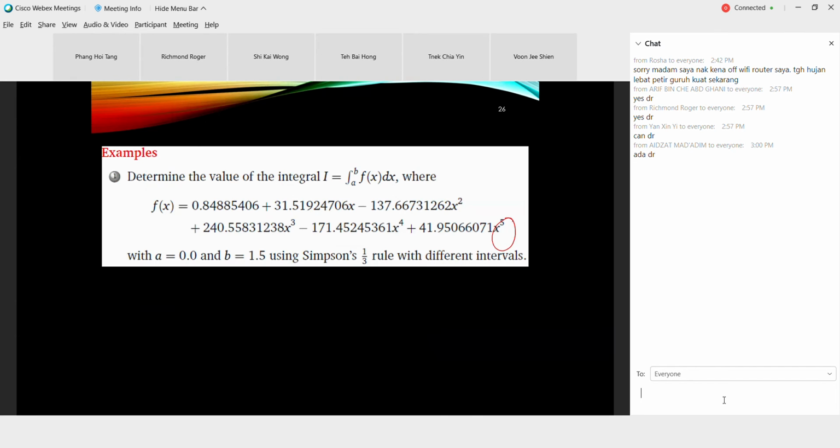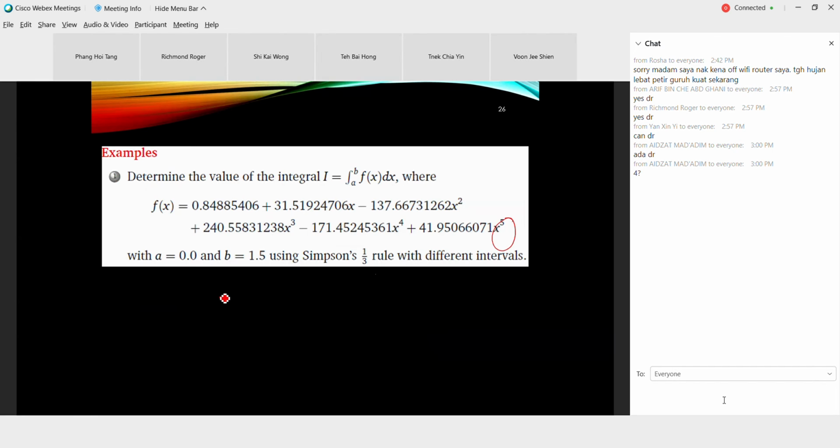How many N numbers do you want to use for this example, Aizat? 4. Okay, 4.